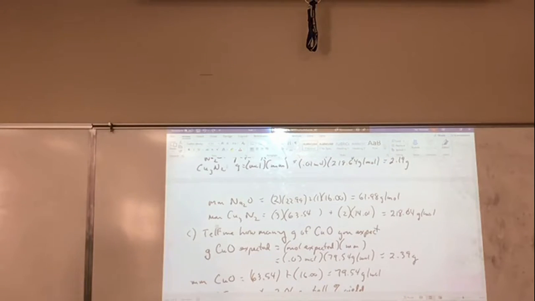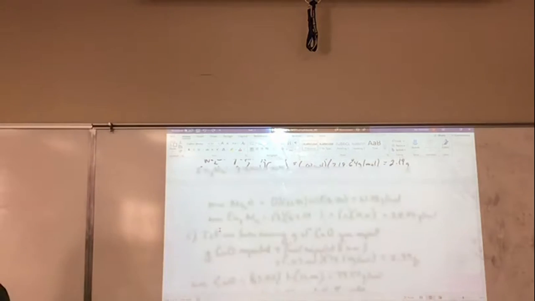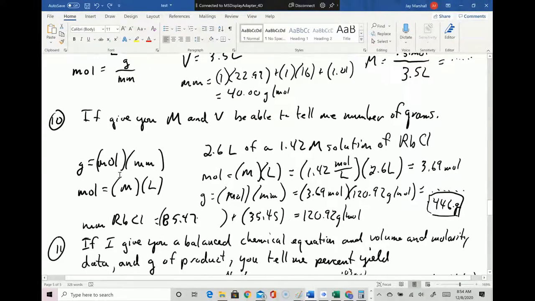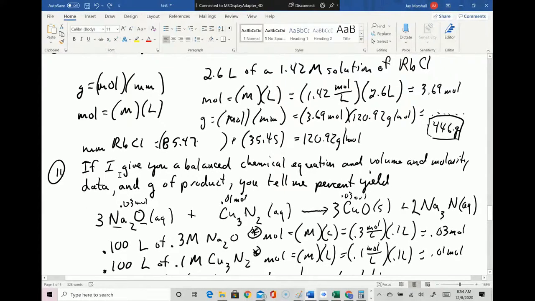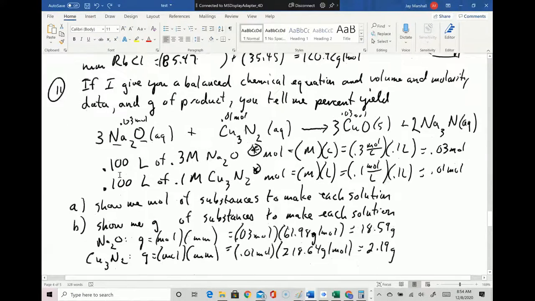You have to have these basic skills here. And I think this test is a pretty good barometer of what you can do in a laboratory. Any questions about any of this stuff?